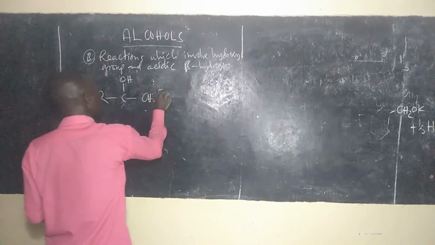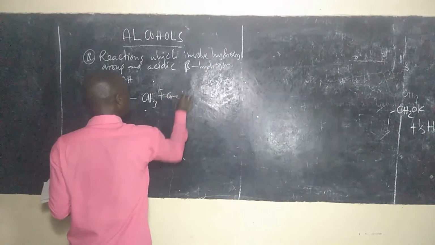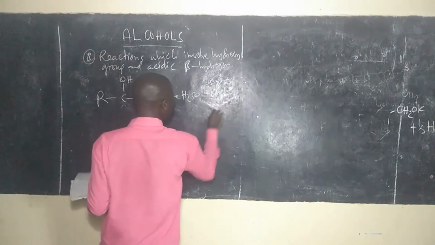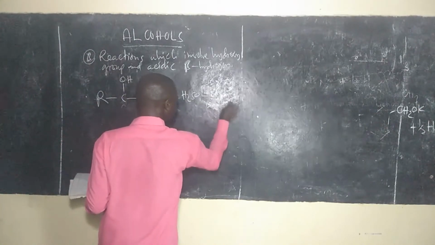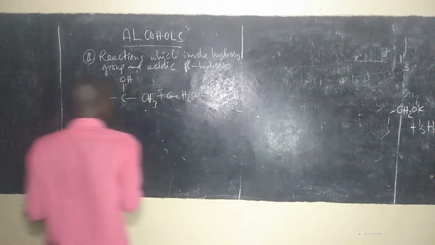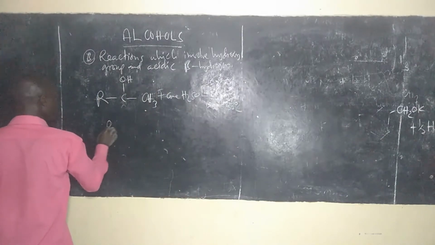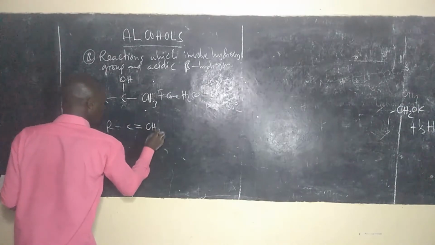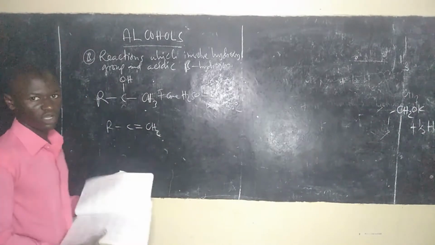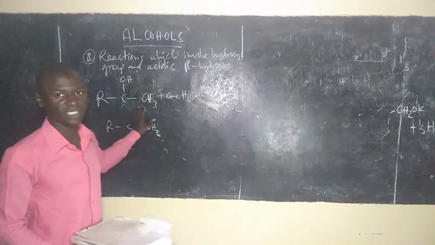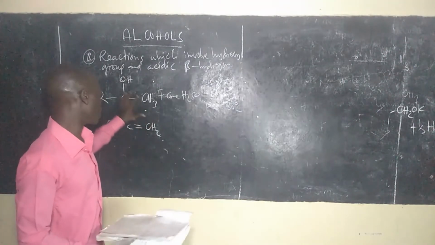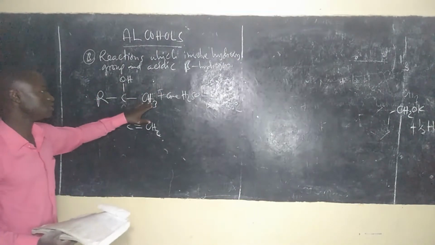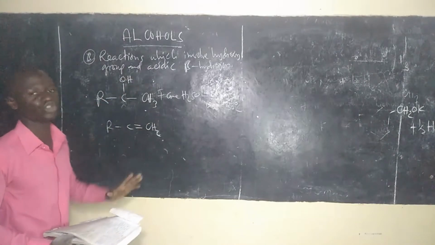If we react it with conc sulfuric, then in the presence of heat, 170 up to 180 degrees Celsius, we say you will get R, C, double bond, CH2, and the product of the reaction. So, alcohol, it undergo dehydration to remove water. We'll remove one hydrogen from here and one hydrogen from here and the hydroxyl group.